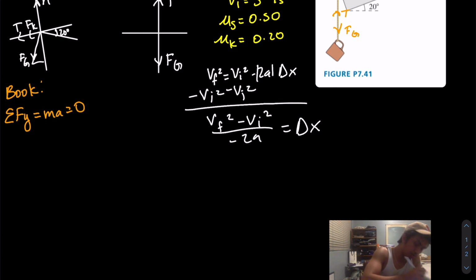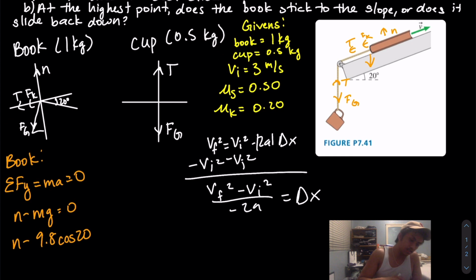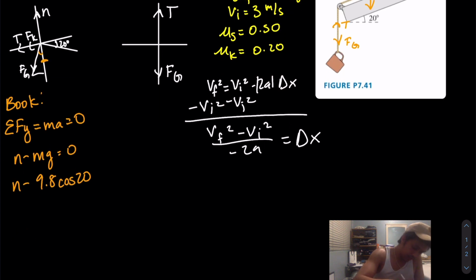So it's the normal force minus mg, which equals 0. So N minus 9.8 cosine 20, because this is the adjacent side, so it's the y component, equals 0.